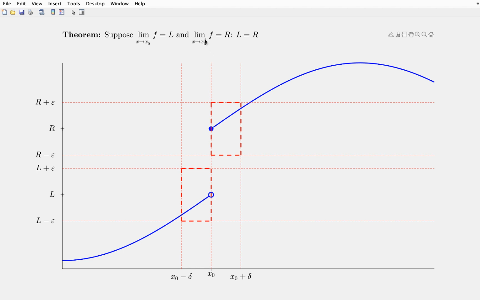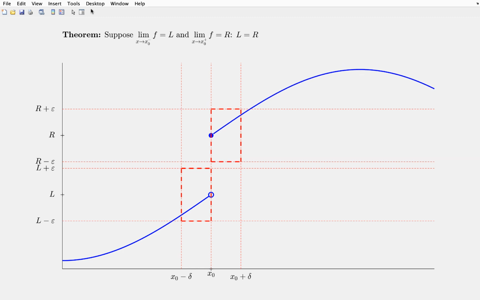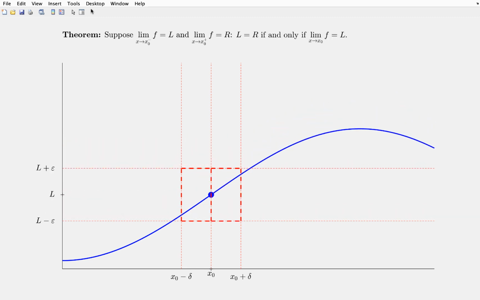And the superscript positive indicates a right limit, or as x approaches x naught from the right. So suppose I have a function that has a left limit and has a right limit. Well, then L equals R if and only if my function has a limit of L.